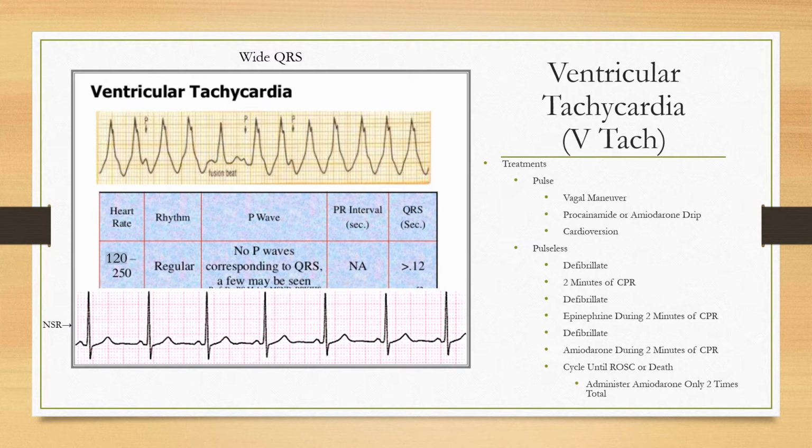So in VTAC with a pulse, we could try a vagal maneuver, but we're not going to try that for too long because it doesn't have a high success rate, and we really want to get the person out of this rhythm. Okay, we can try an antiarrhythmic, such as procainamide or amiodarone. But remember, those take time to go in. They're intravenous, they take time, and we're watching this rhythm on the monitor, and the patient is very likely hypotensive, and if they're not, they may become hypotensive.